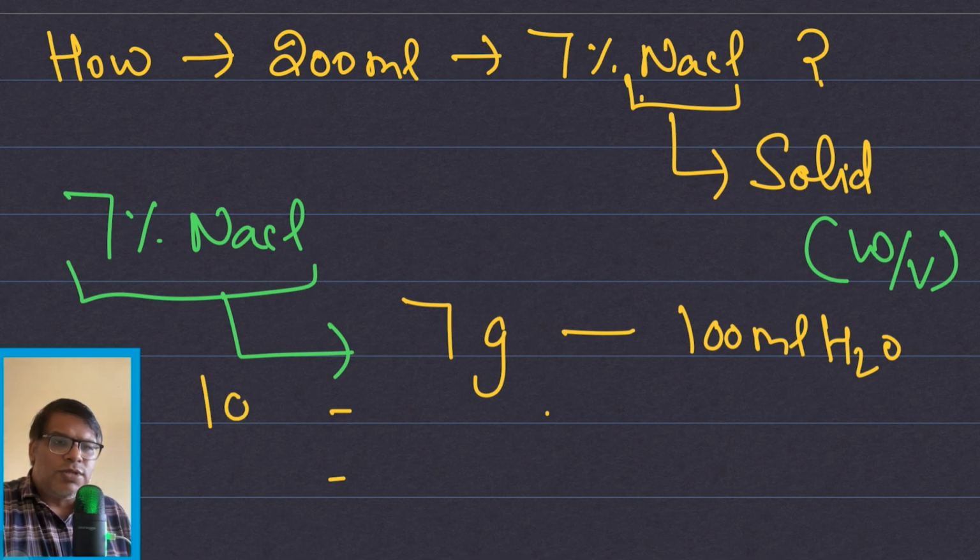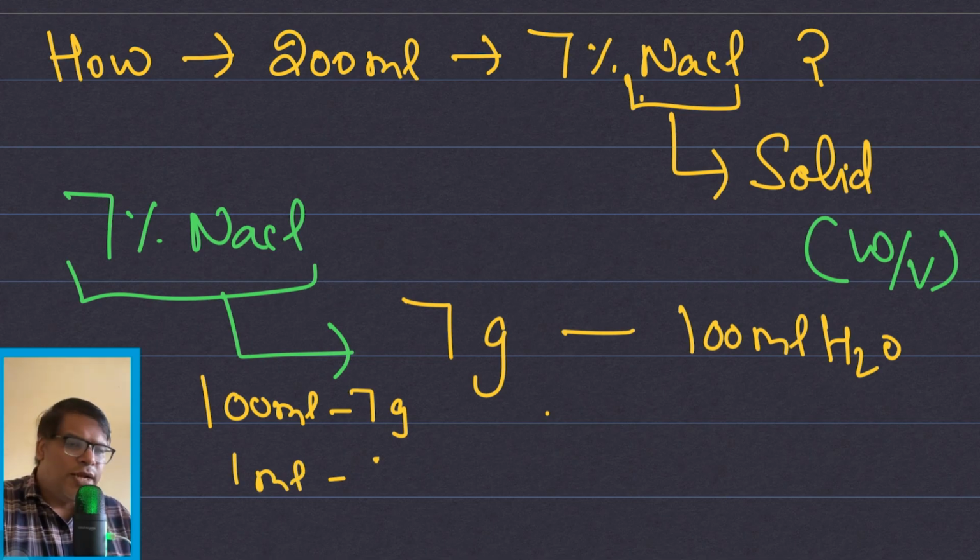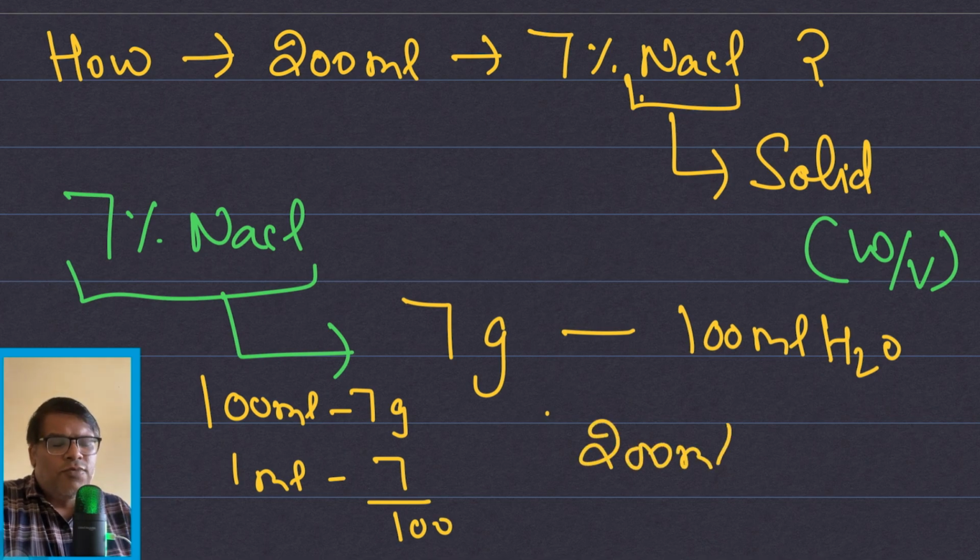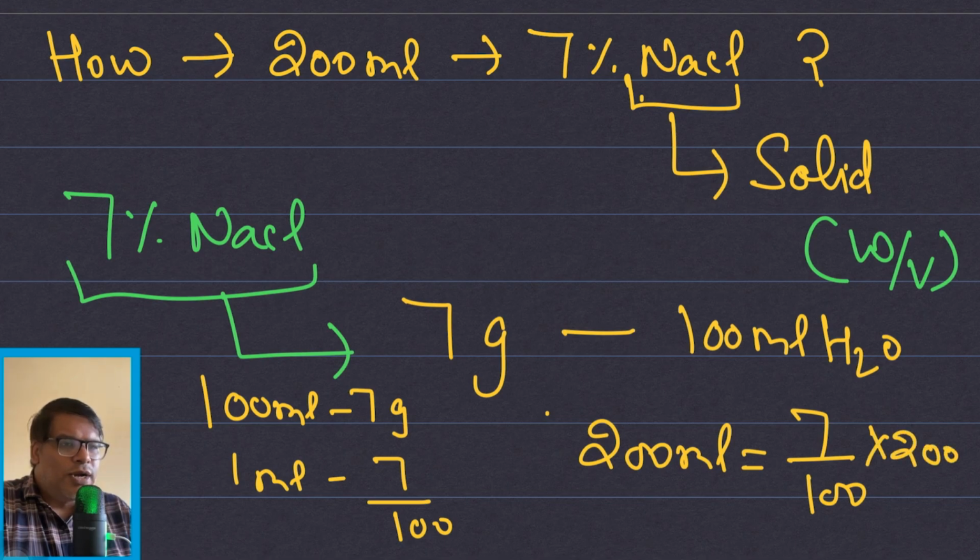So to prepare 100 ml, you need 7 gram. For 1 ml, it is quite easy, 7 by 100. Now you can easily calculate for 200 ml: 7 divided by 100 multiplied by 200 comes out to 14 gram.